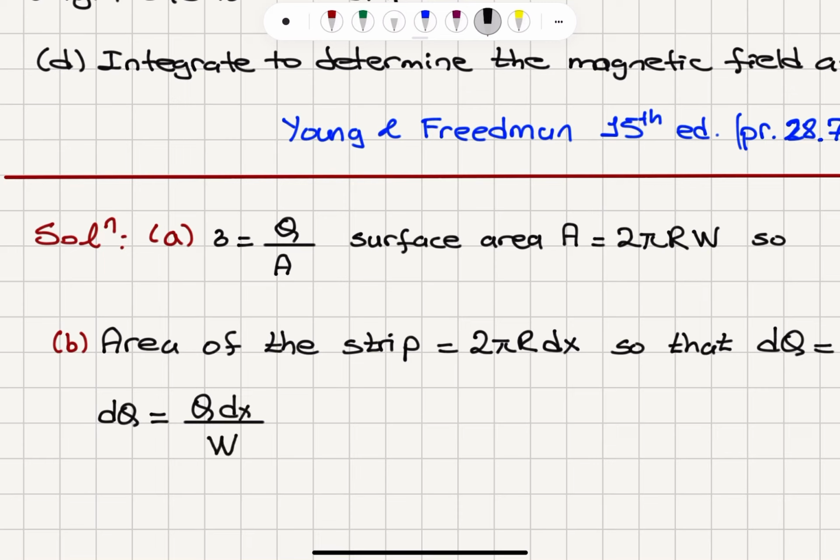The angular speed of this cylindrical shell is 2 pi, the angle we traverse in one period, divided by the period. So T, the period, is equal to 2 pi divided by its angular speed, omega.